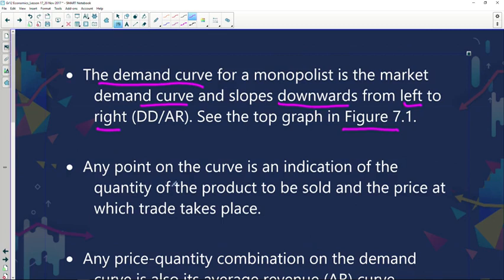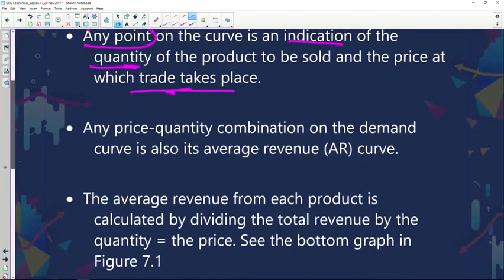Any point on the curve is an indication of the quantity of the product to be sold and the price at which trade takes place. Okay, so that is our second point. We'll go to the graph to identify that.